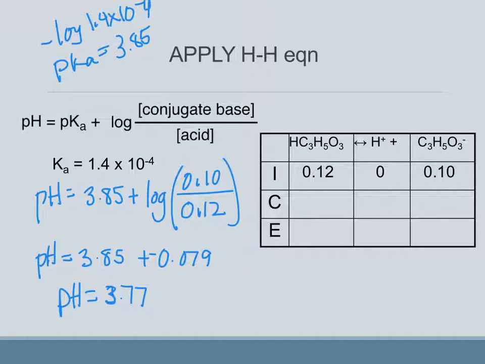You can see that the Henderson-Hasselbalch equation has greatly reduced the strain on our brains and the time it takes to process one of these problems. As long as you know your acid and your conjugate base, you can plug them in along with your Ka value and find your pH. You can also be asked to find the pKa and be given the pH. Any of these components can be left out, and you can easily manipulate this equation to get the answer.